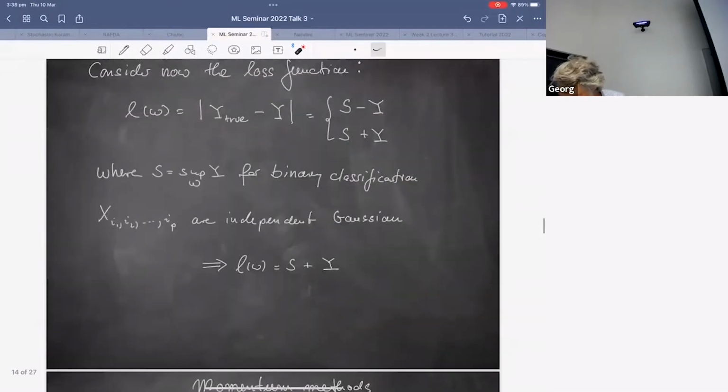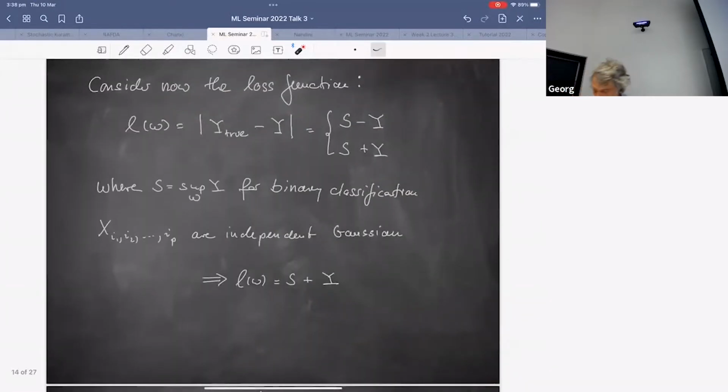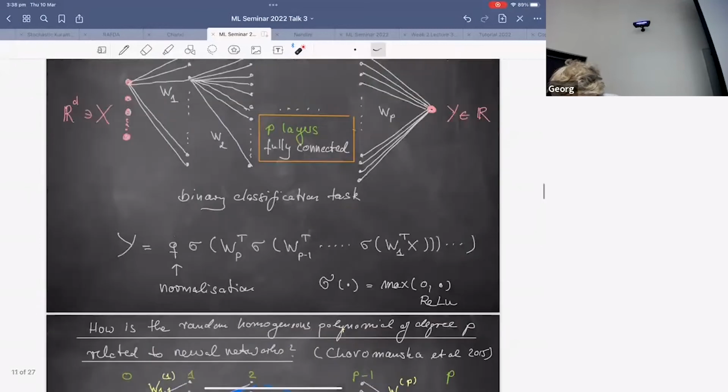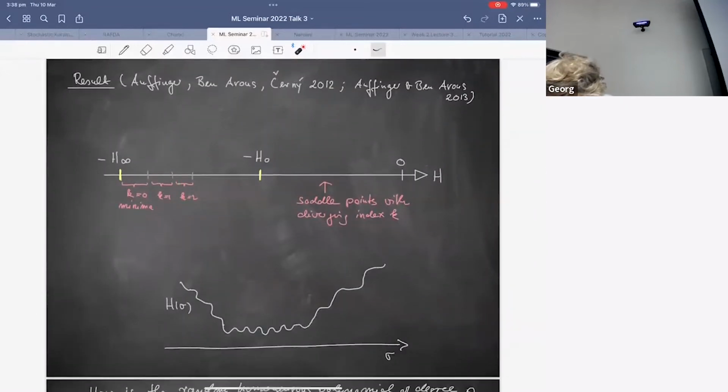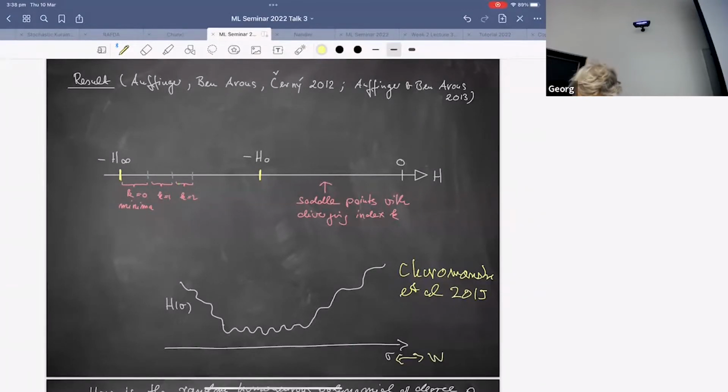And that means now we've established, let me go back here. We've established, so this is Choromanska et al., I think 2015 or something, and Ben Arous was also a co-author here, that I can relate the spin here to the weights, and I can relate the Hamiltonian to our loss function, and I have this nice picture that I wanted.